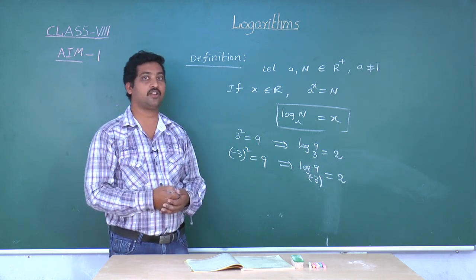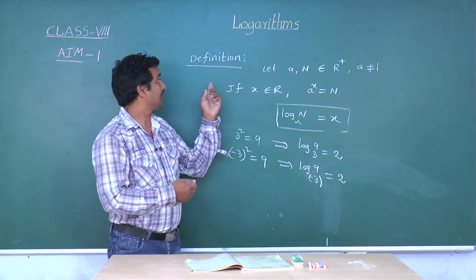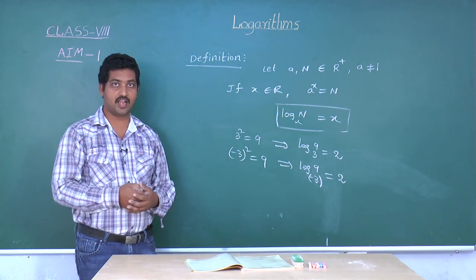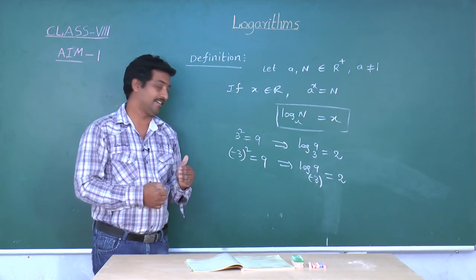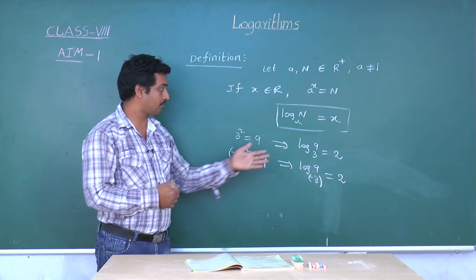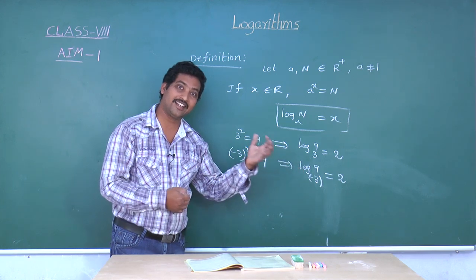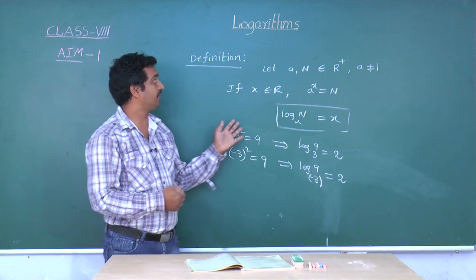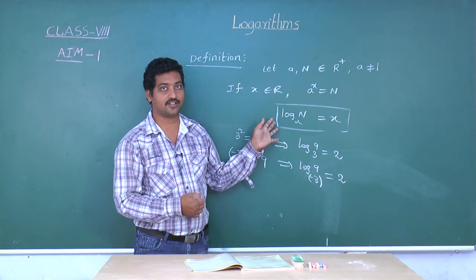In higher classes, we are going to learn the logarithmic function, why it is called the logarithmic function, and in that we will get the theoretical clarity, not just by taking examples, because the logarithmic function is an inverse function.